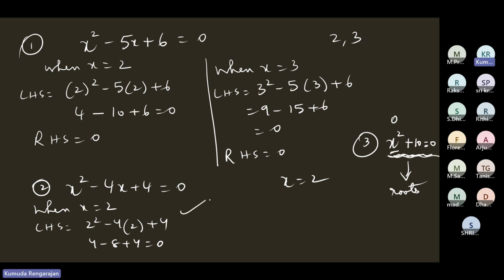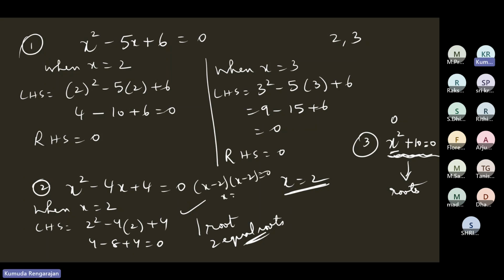In this case, there is only one value of x that satisfies the quadratic equation. So here, the quadratic equation has only one root, or we say two equal roots. I'll tell you why two equal roots later. Because when you factorize this, you'll get x minus 2 into x minus 2 is equal to 0.